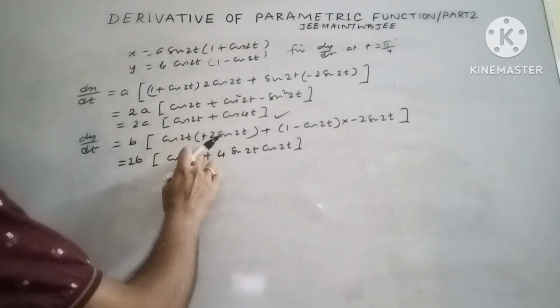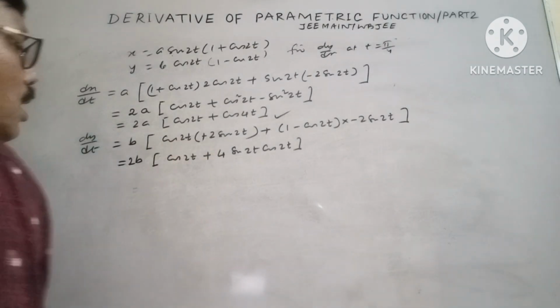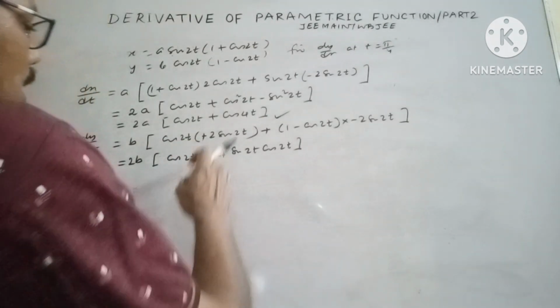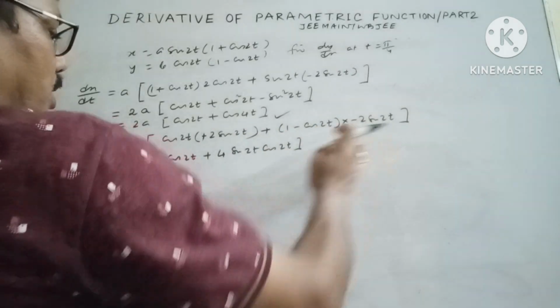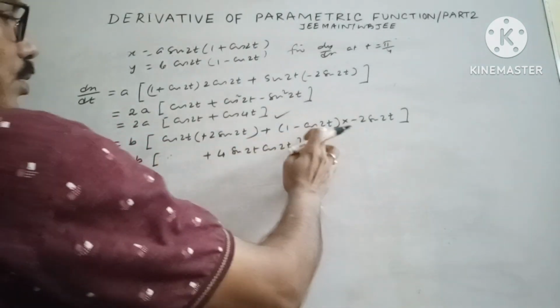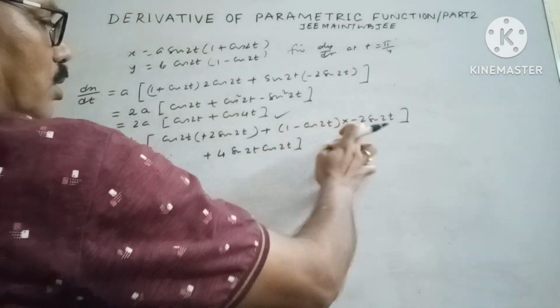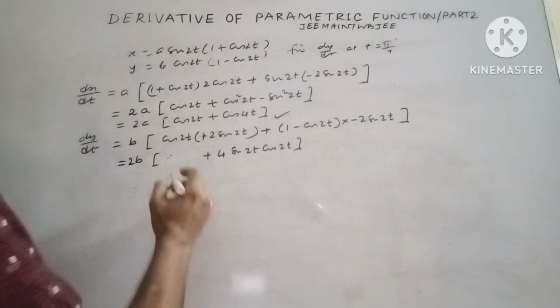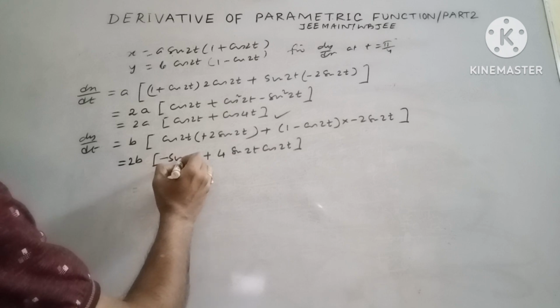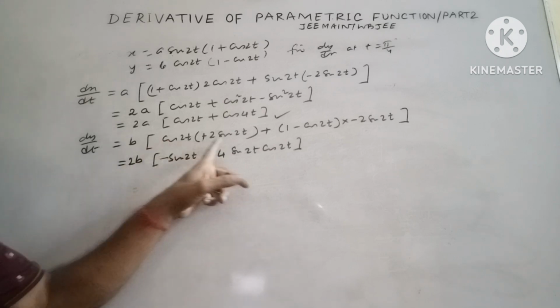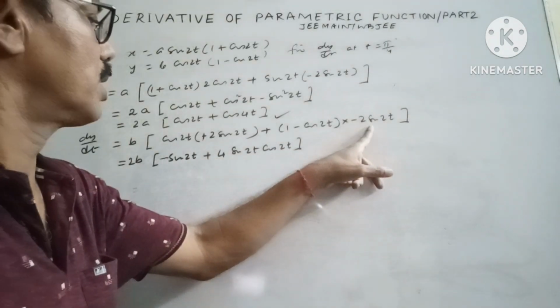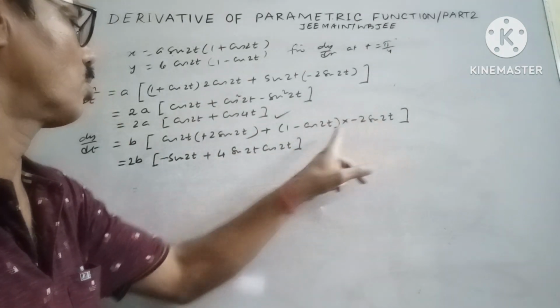So cos 2t, 2 sin 2t cos 2t. Here minus minus plus. So this is sin 2t. I think this is minus sin 2t. Look at it again. 2 sin 2t cos 2t, minus minus plus, 2 sin 2t cos 2t.